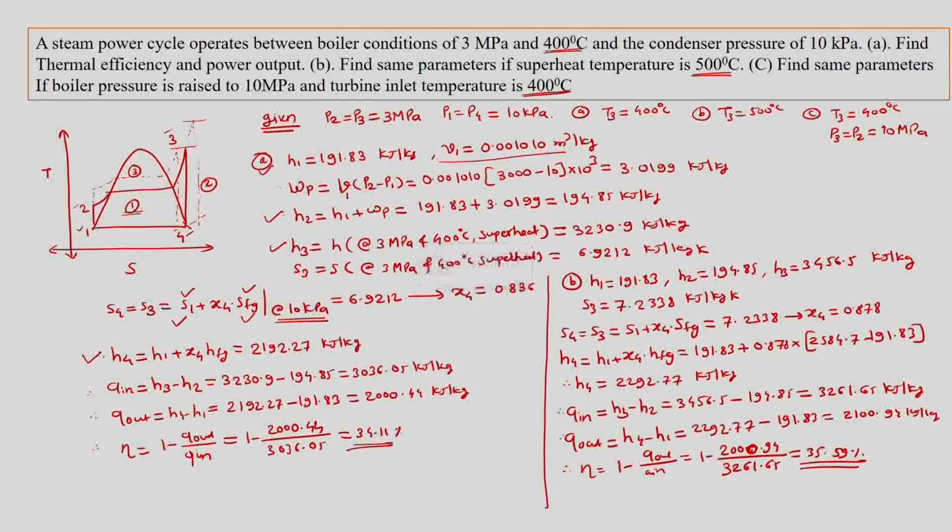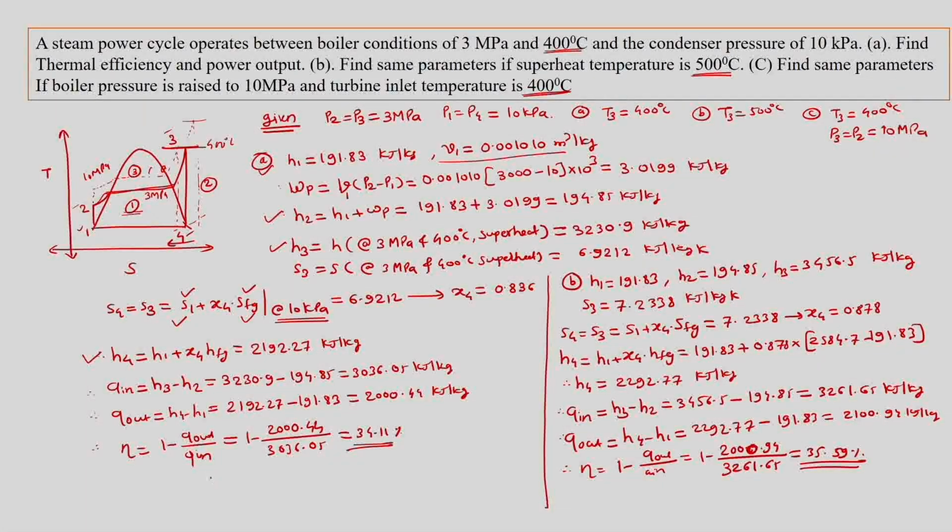So we should remember here that as we have plotted over here, we kept the same turbine inlet temperature of 400 degrees Celsius, but we increased the boiler pressure from 3 megapascal to 10 megapascal. We can see that we got a decrement in the dryness fraction.